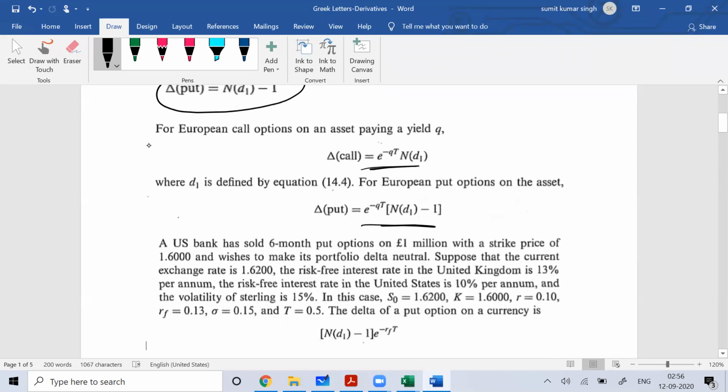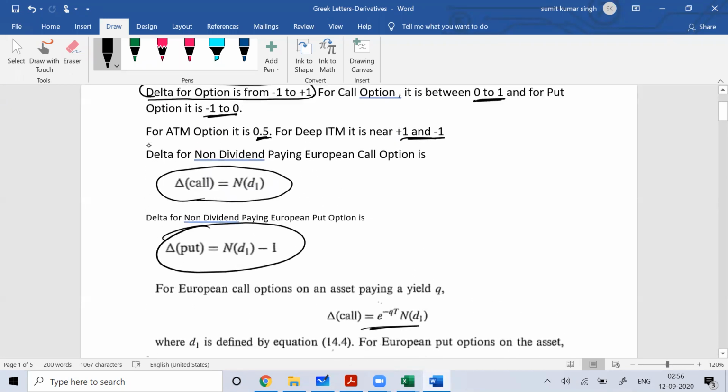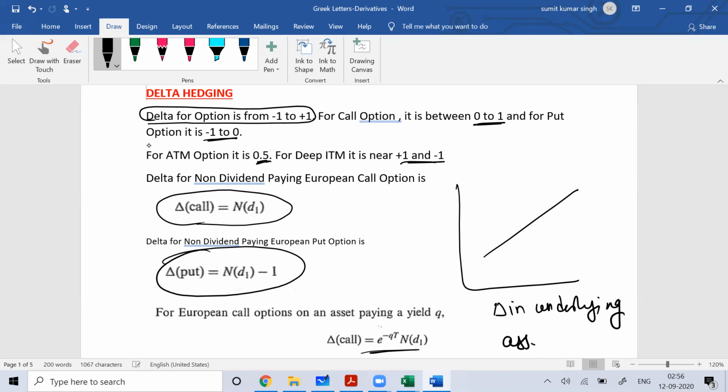So what does delta basically do? Delta talks about the impact on the premium of the option contract because of the change in the underlying asset price. So that is called delta. Suppose this is the change in underlying asset price, and this is the change in the option premium.